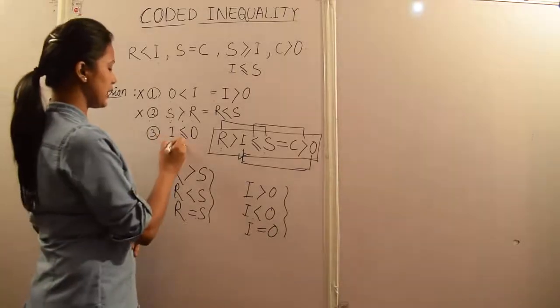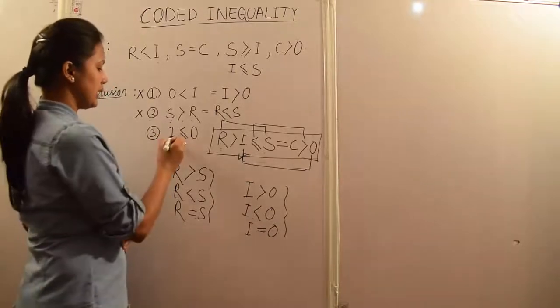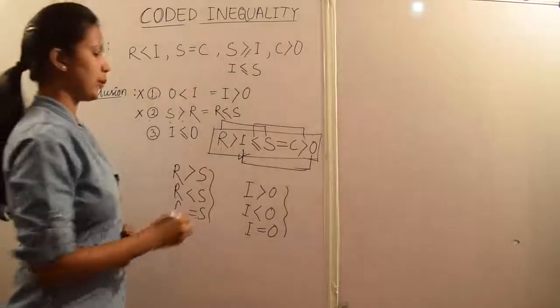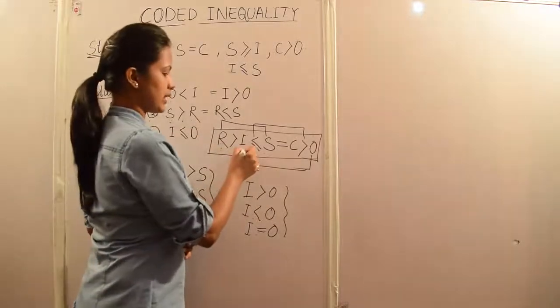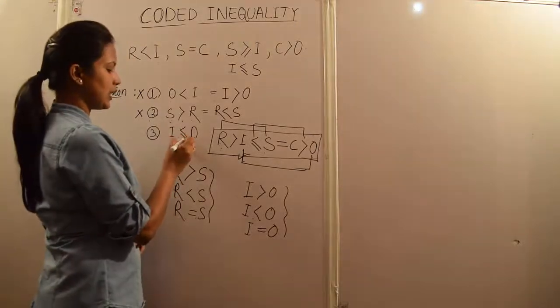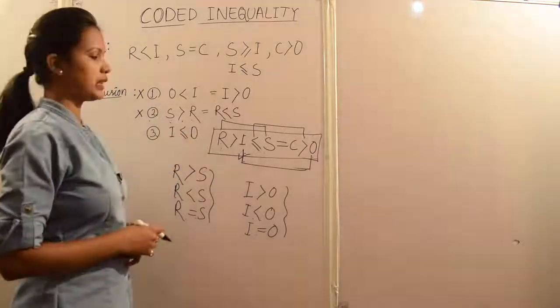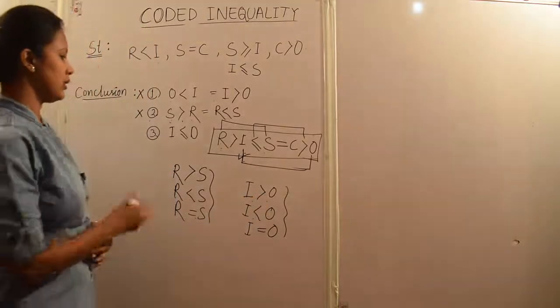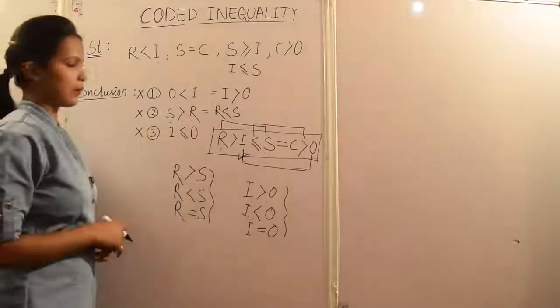And then coming to the third conclusion. Here it is written I is less than equal to O. Again the comparison is between two variables, that is I and O. So here I is less than O and I is equal to O is given, but I is greater than O is not given. So again the third conclusion is proved wrong.